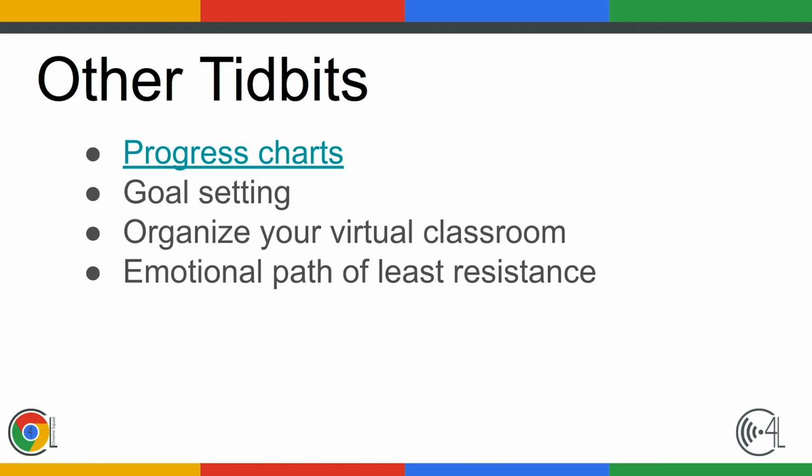All right. Finally, we all know that we have kids that didn't do the work when they were at school, and they're not necessarily doing the work now. Okay. So what you have to think about is the idea of emotional path of least resistance. What I mean by that is we all make decisions based on an emotional level, for the most part.